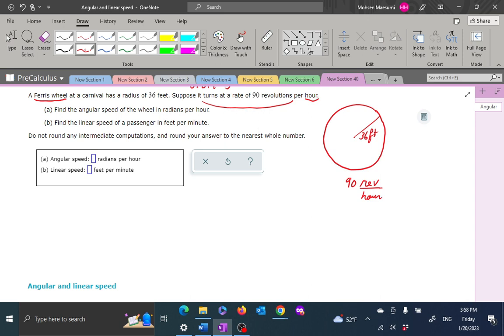The first objective is to find the angular speed, and here is the unit that we are after, radians per hour. So angular speed, we write omega.